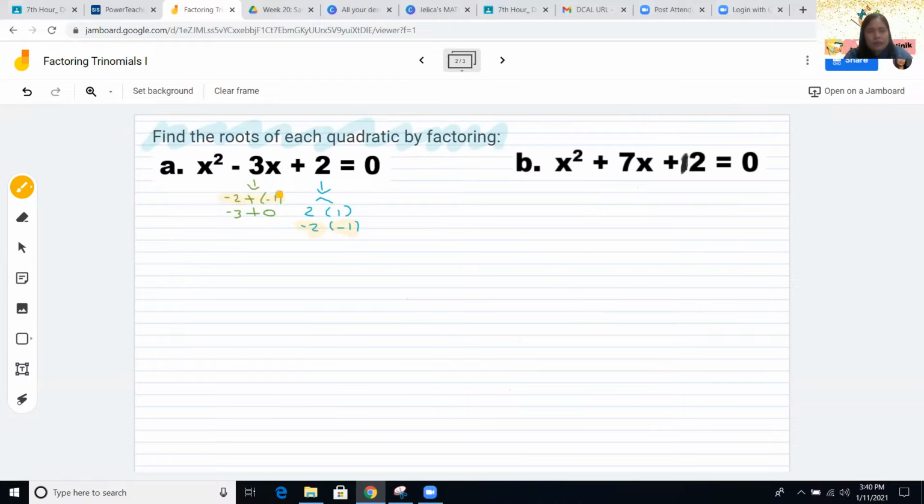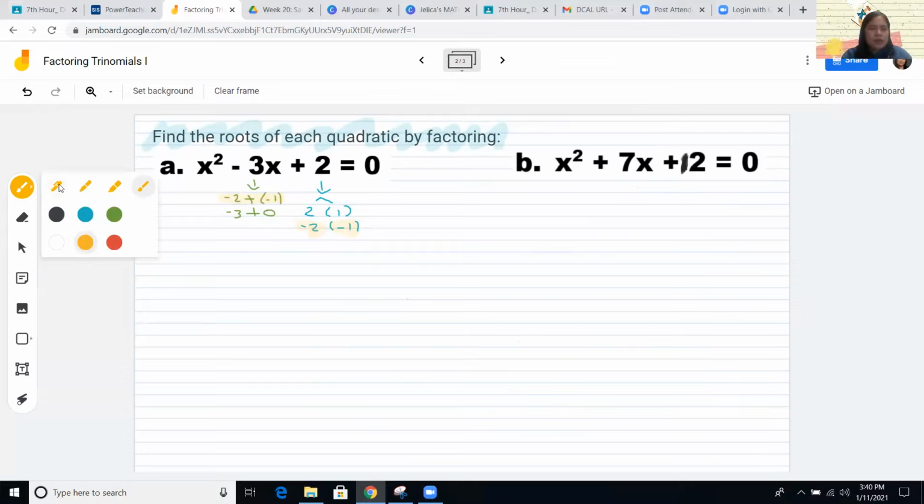When you add them, you will get -3. The perfect addends for -3 and the perfect factors for +2. Does that make sense? So that's why we will choose these two numbers, -2 and -1, because they satisfy both the linear term and the constant term. Take note of that. Okay, because you will get confused if the constant term has a lot of factors, like in letter B. We'll proceed to letter B later.